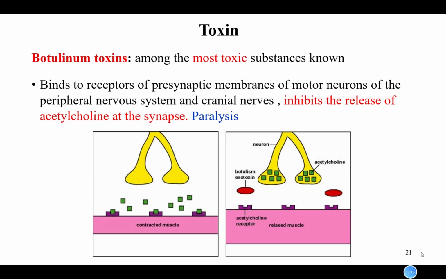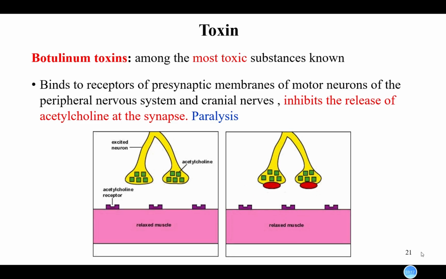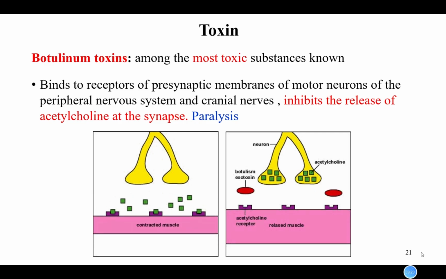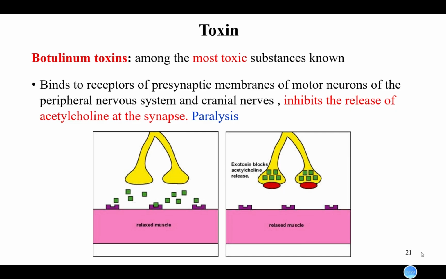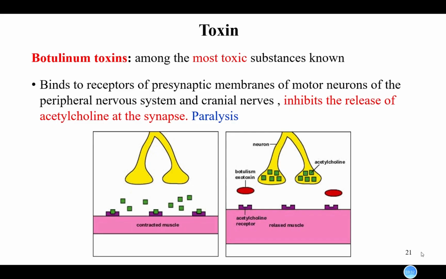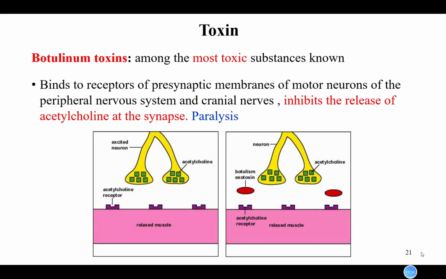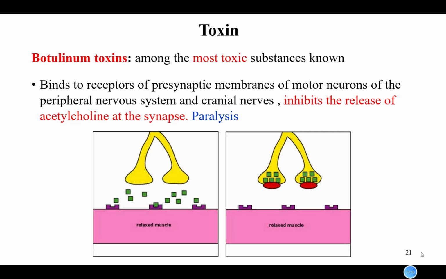If the acetylcholine cannot be released, it cannot give a signal to the muscle cell to contract. That will lead to paralysis. So your muscle cannot move, cannot contract. That's the major problem botulinum toxin causes.